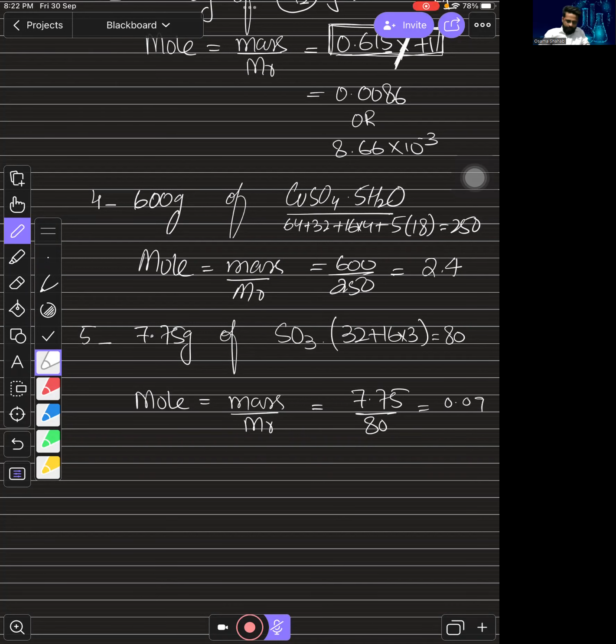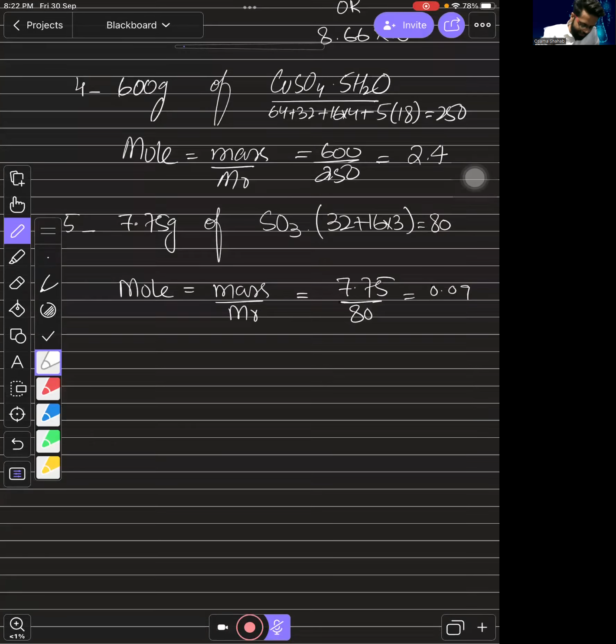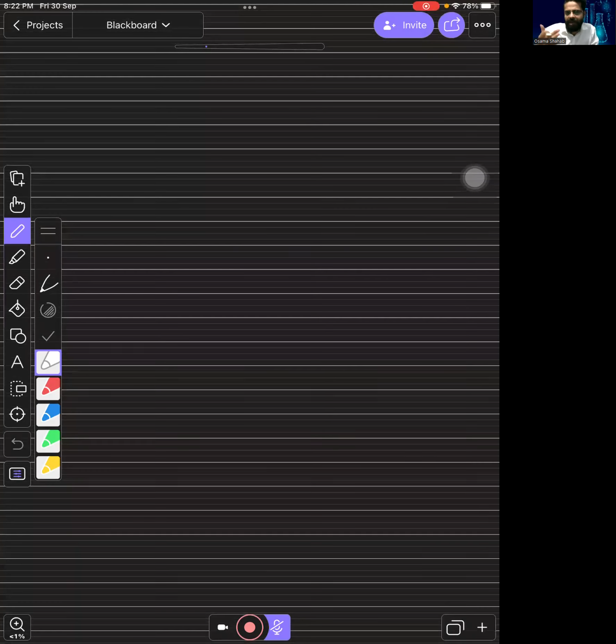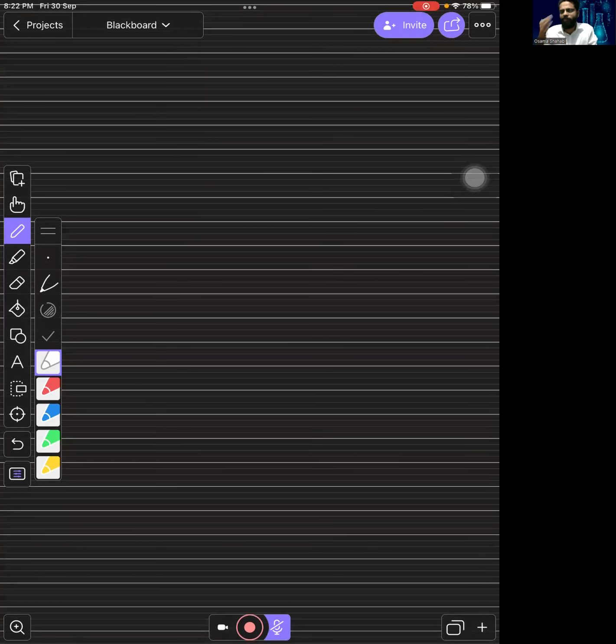Yes, sir. Okay, so let's talk about something different. Right now we are doing calculation of moles from the given masses. But for example, if the examiner asks for the masses and gives us the number of moles, we can find out the masses from this formula as well. For example, exercise number 2.